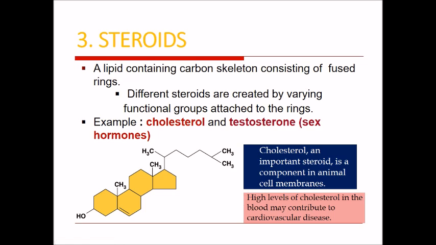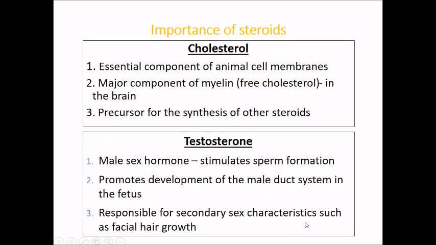Cholesterol is an important molecule in our body. However, a high level of cholesterol can also cause a bad effect to our body, if the content is very high in the blood, and it will later contribute to cardiovascular disease.